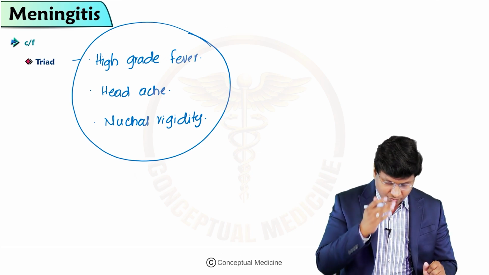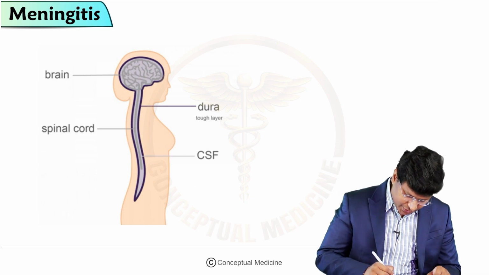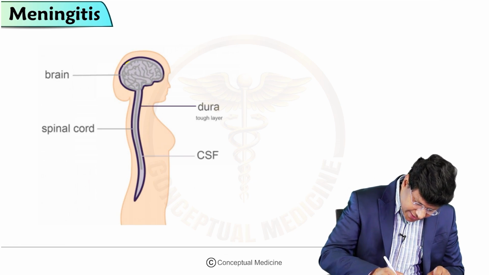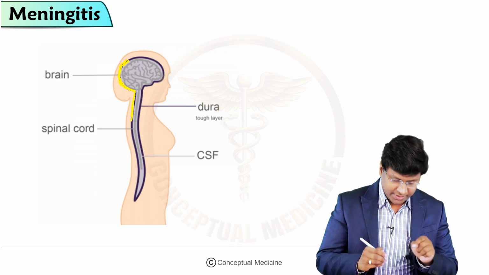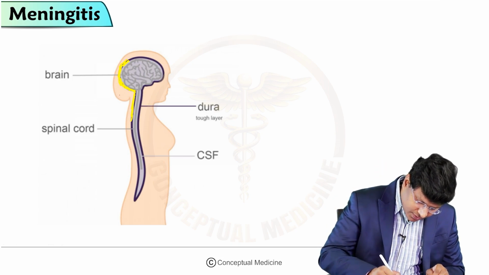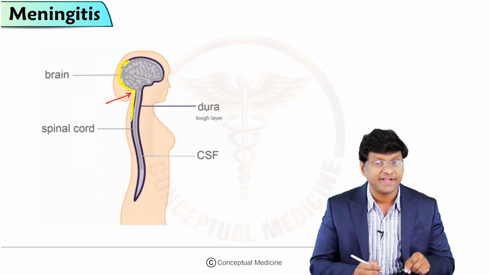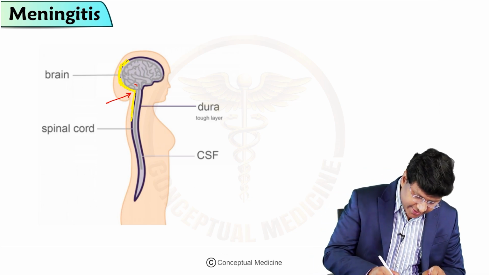Now apart from that, why will there be nuchal rigidity? Let me explain with the image. See, in these individuals, there is inflammation or accumulation of the purulent fluid in the subarachnoid space. And this subarachnoid space is continuous with the spinal cord as well. So now this part of the meninges, if you see, is thick as well as fibrosed, or there is an inflammatory reaction within this particular area of the meninges.